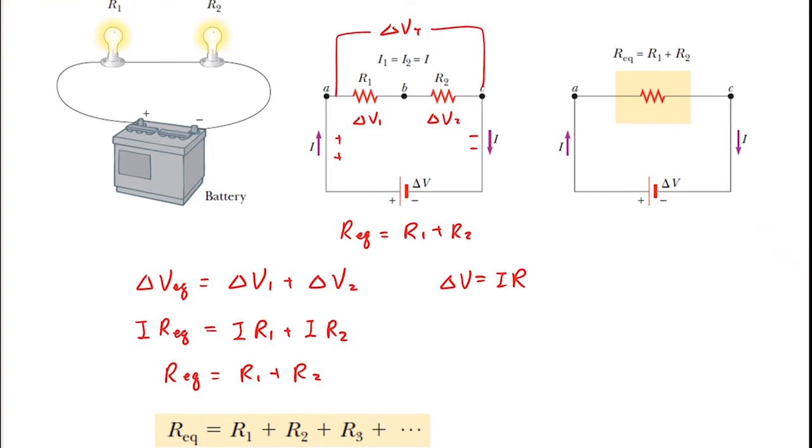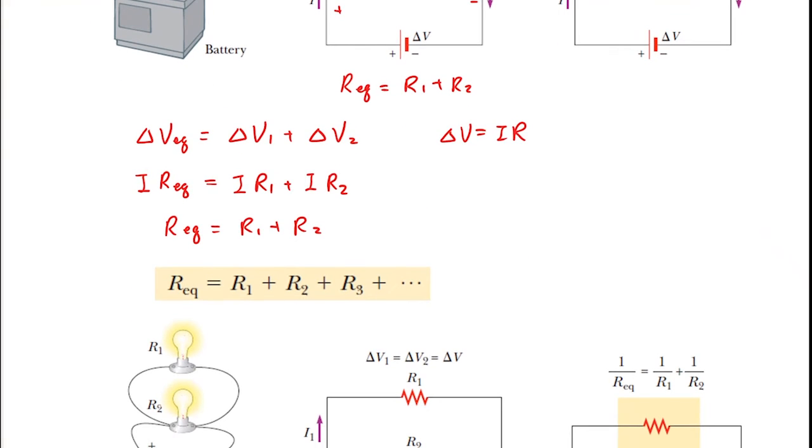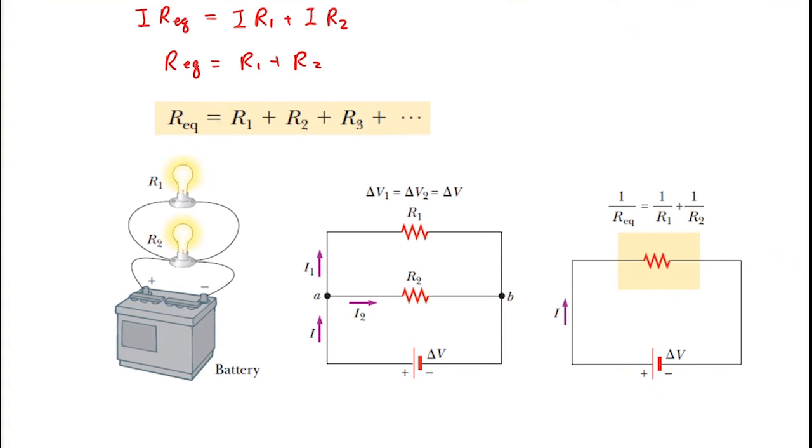Okay, so if you put more than one, then you just add them up. But that's the easy case. We'll talk about comparison to capacitor after this one. What happens if we put two of them in parallel like this? Okay, so actually, realistically, this is the arrangement. Now this I here will have to split into two different directions, right?